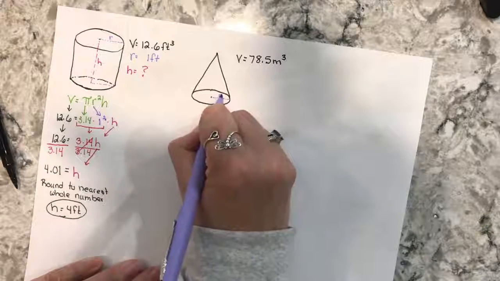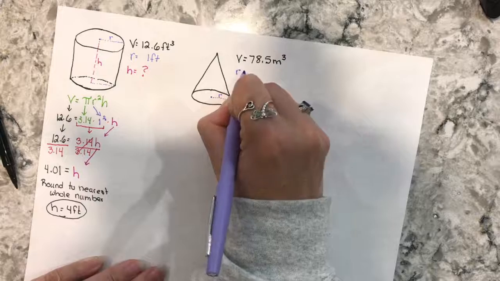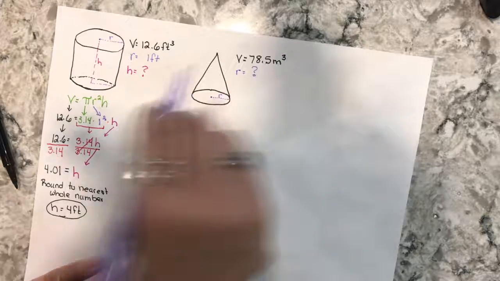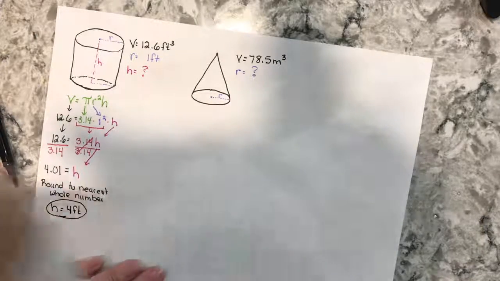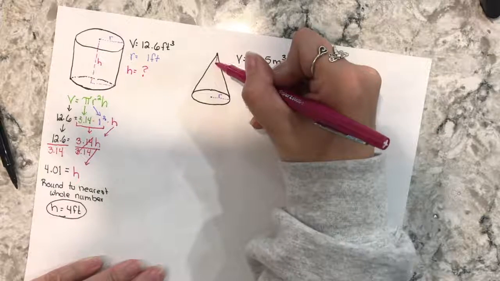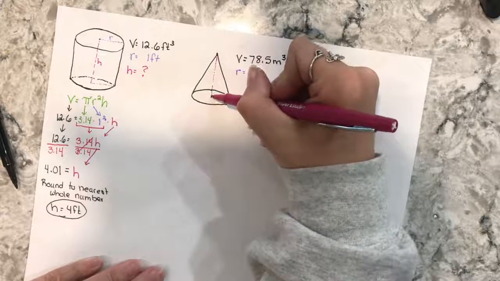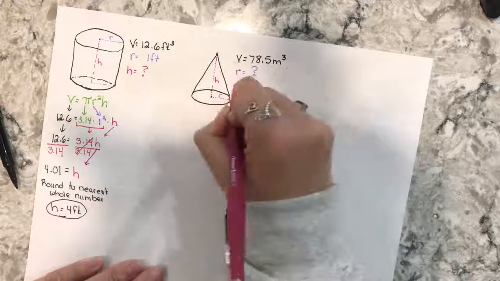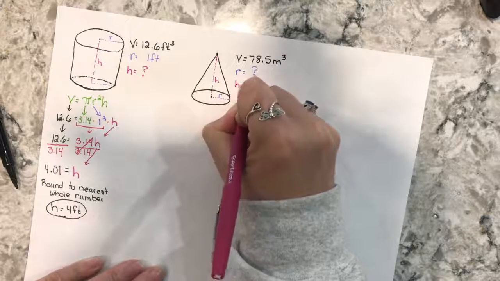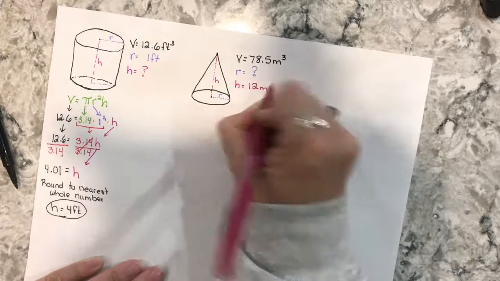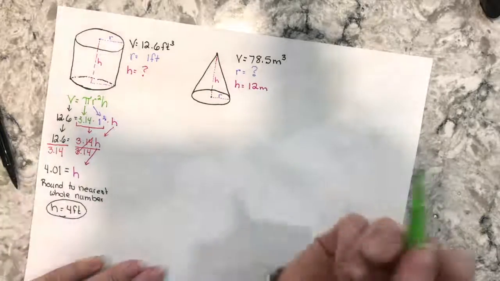Here's our radius. And we don't know the radius in this problem. There's our height. And our height is 12 meters.